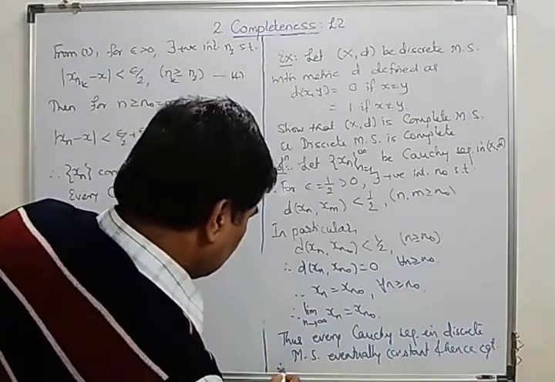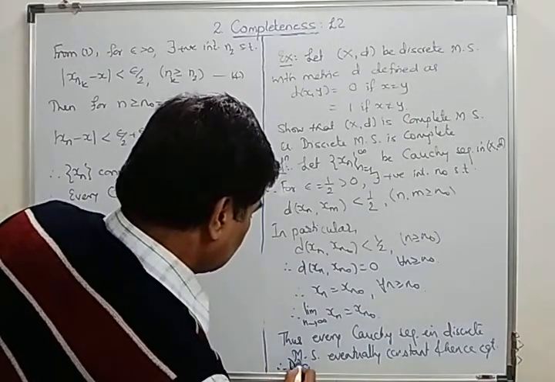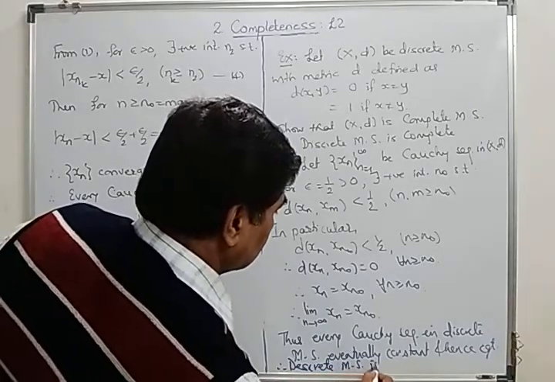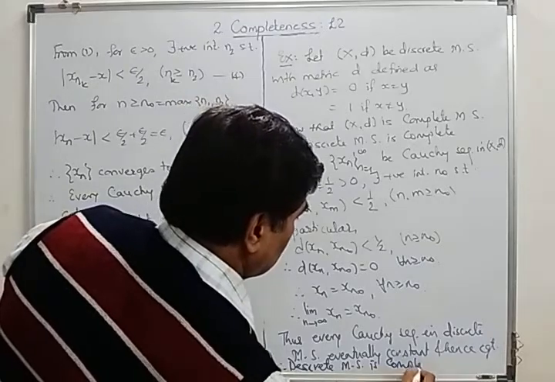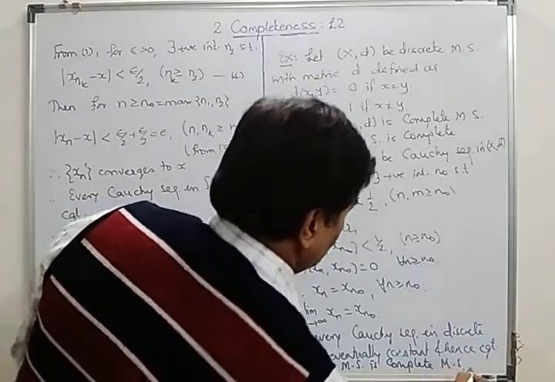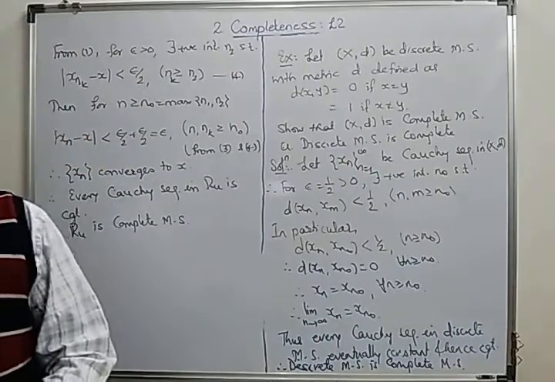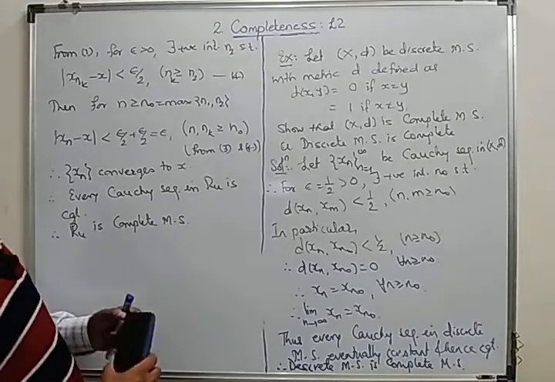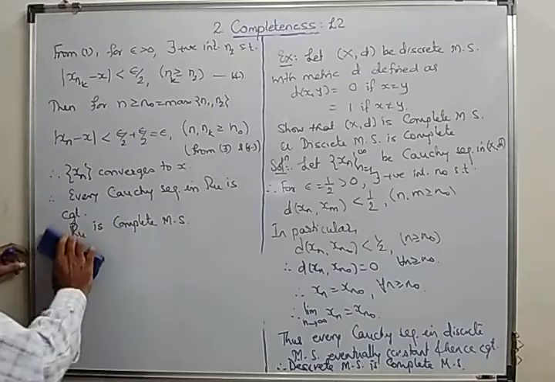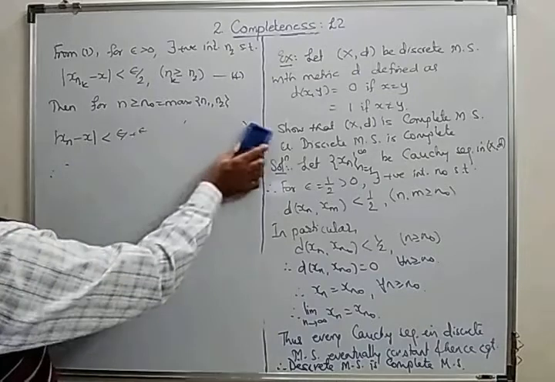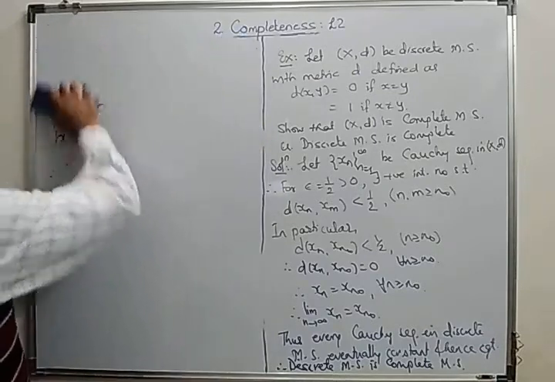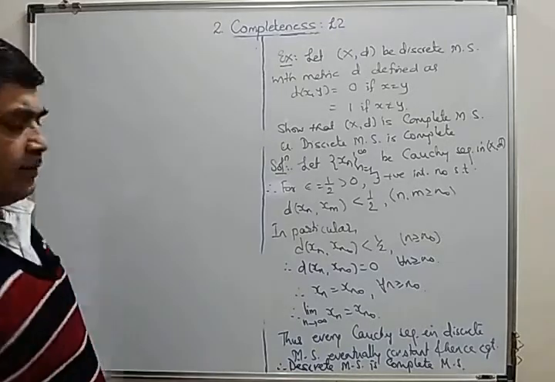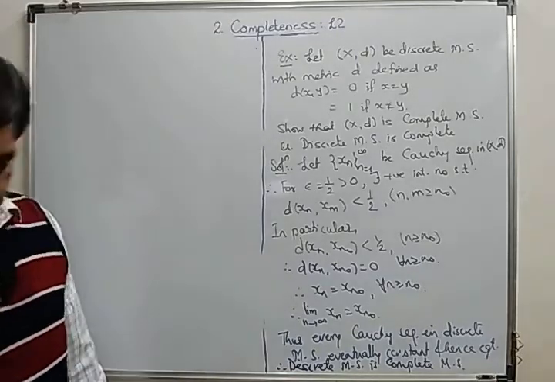Therefore, the discrete metric space is a complete metric space. So we have proved that the set of real numbers with respect to the usual metric is complete, and the set of real numbers with respect to the discrete metric is also complete.